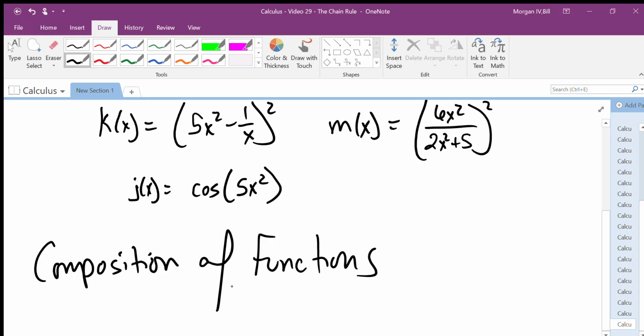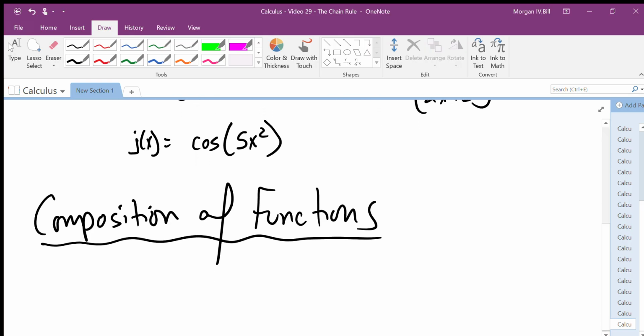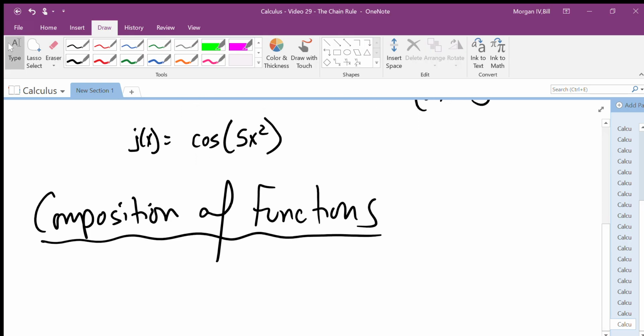And a lot of times in algebra, people are like, why are you making such a big deal about compositions of functions? Well, here's one reason why we make such a big deal about composition of functions. So it's a function inside of another function, such as f of g of x.